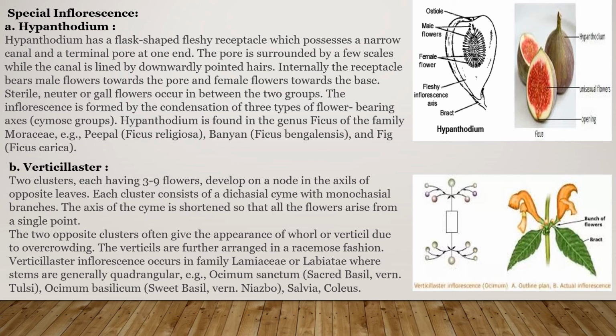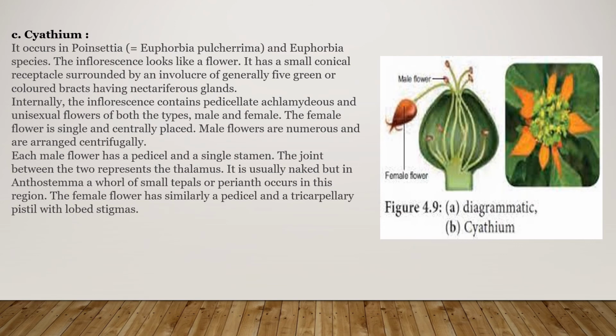Such verticillate inflorescence occurs in the family Lamiaceae or Labiatae, and it is a characteristic feature of this family, where stems are generally quadrangular. Examples: Ocimum sanctum, that is sacred basil, Ocimum basilicum, that is sweet basil, and also coleus, where we find this type of verticillaster inflorescence.